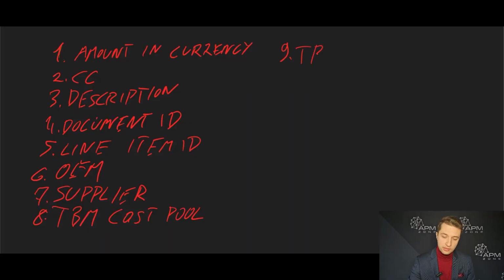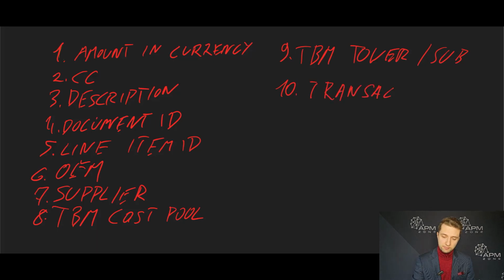The same goes for the TBM towers and TBM sub-towers. These are basically other levels of categorization that you are using. And last but not least, the transaction date. So you can, of course, do the analysis of when something was happening, like checking year to date, how much you have spent or what was the change in your spend.